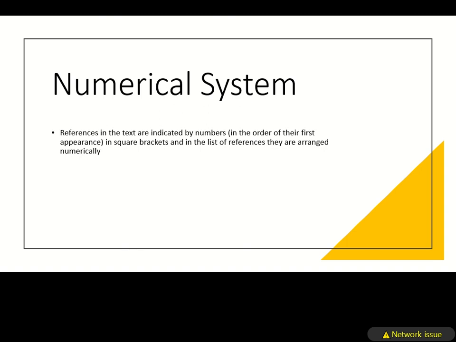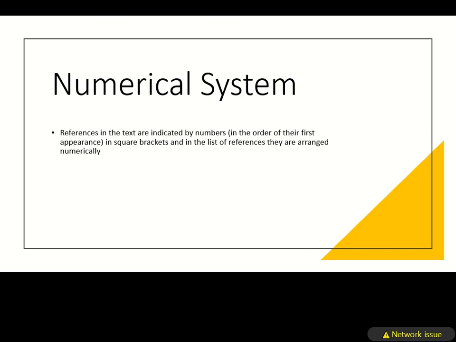The numerical system, like I said, has references in numbers, and the numbers are according to their order of appearance. So the first reference which appears in the report has number 1. The second reference which appears has number 2. It has nothing to do with anything else, not the year of publication as in the alphabetical system. Since it is coming first, I'll put 1 for it.